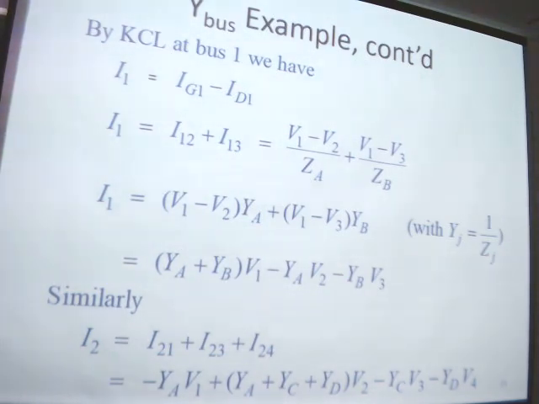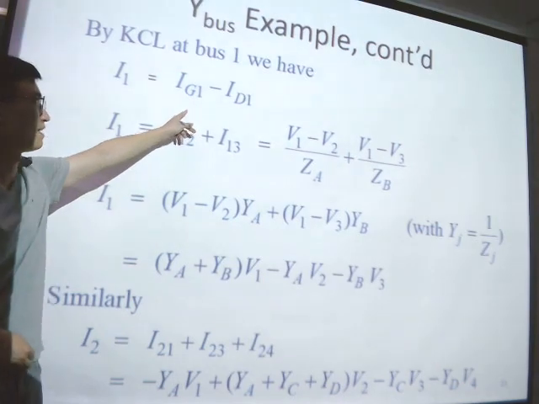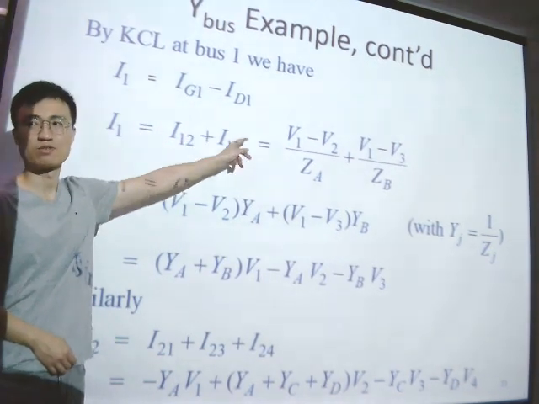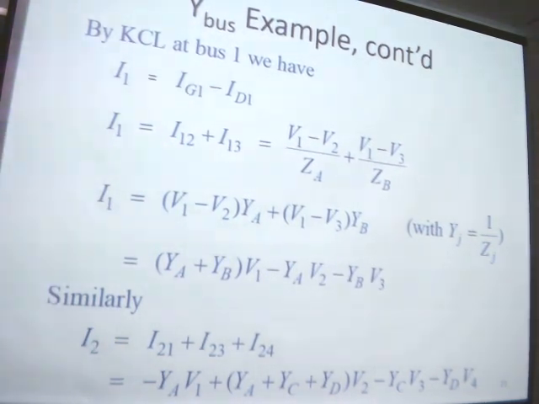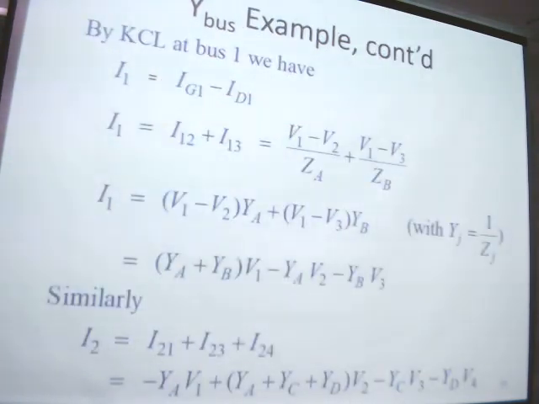See, because this is the generator current minus the node current, coming current minus going current. So for node 2, I21 is coming from the generator, and from generator 3 to 2, I23 plus I24. Sir, I24, I don't understand.